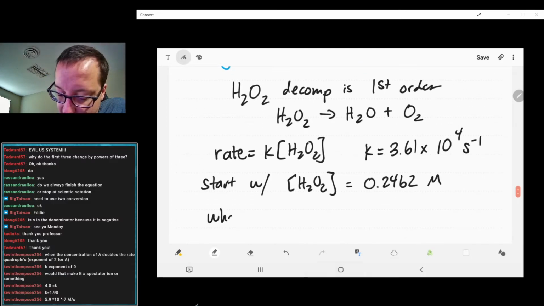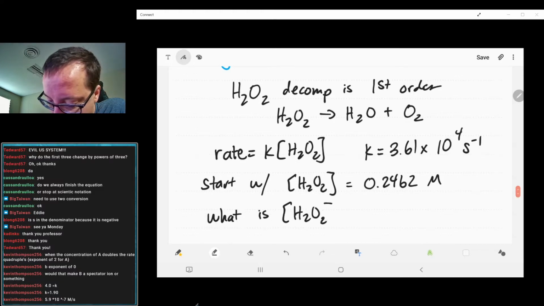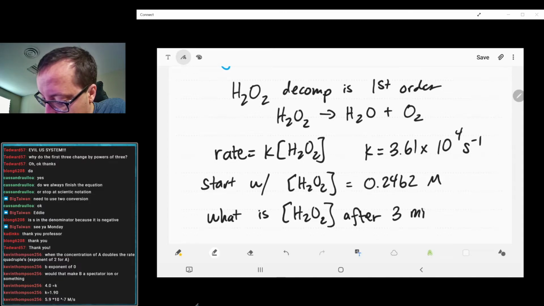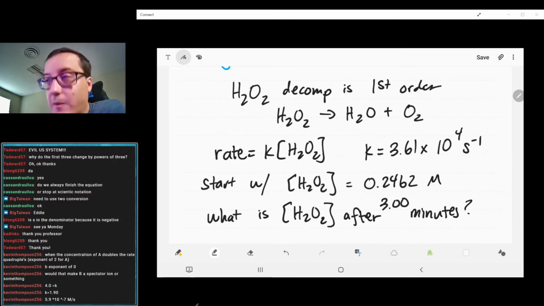What is H2O2 after 3 minutes? And let's throw some sig figs in that one as well. Exactly 3 minutes. Let's see how we can use this integrated rate law here.